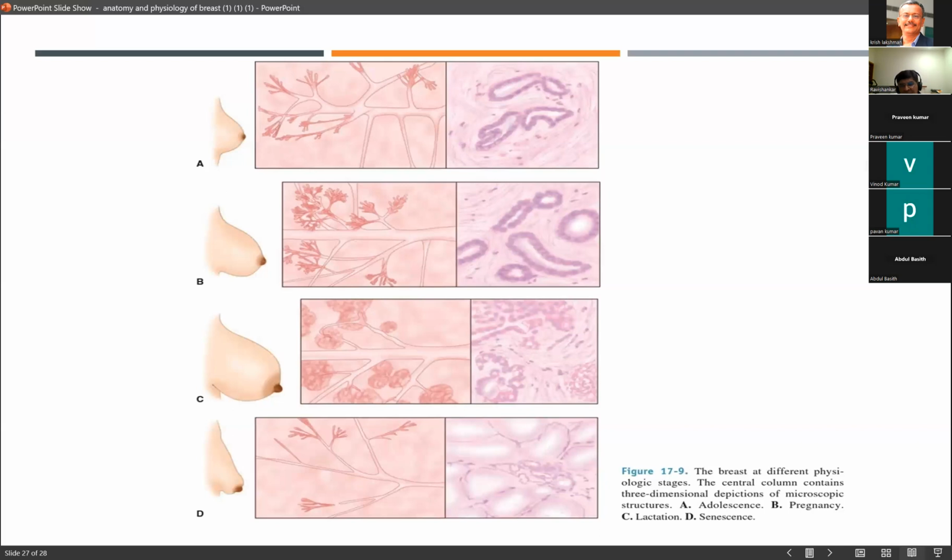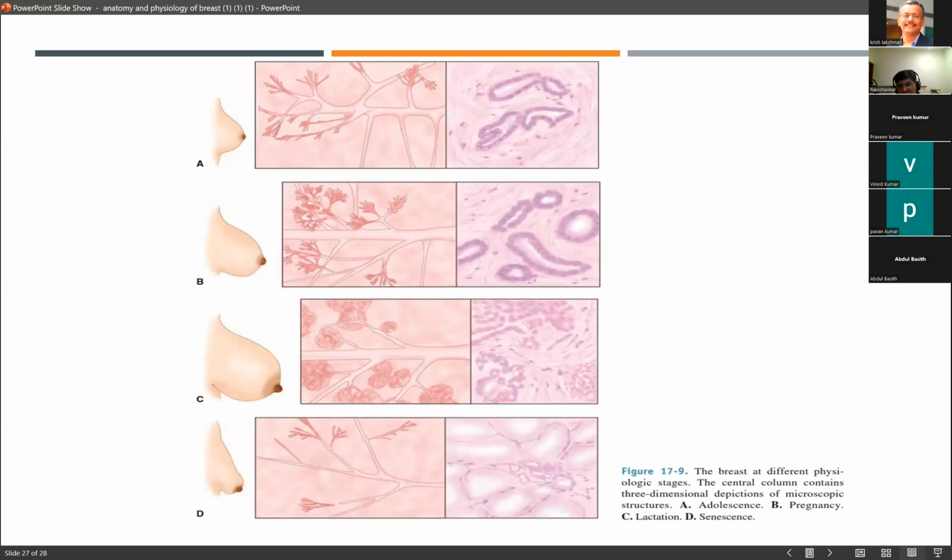Ultrasound for young ladies, whereas more than 40, we prefer mammogram. Not necessarily more than 40. I think postmenopausal, you can use mammogram. Though you are right that around 40 to 45 is the menopausal age.